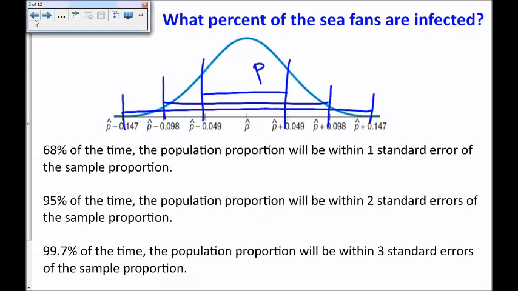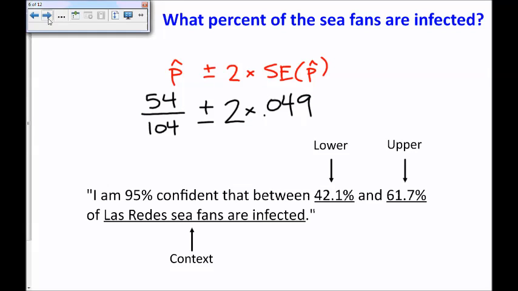And the conclusion that you make if you use this equation of p hat plus or minus 2 times the standard error of p hat, then we can say that I'm 95% confident that between 42.1% and 61.7% of Las Adidas C fans are infected.